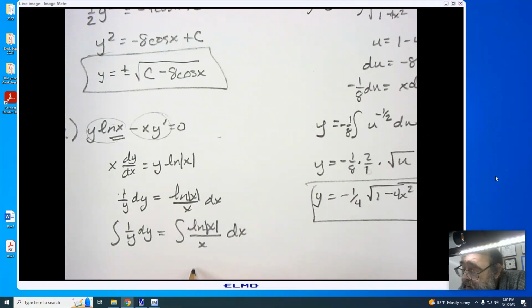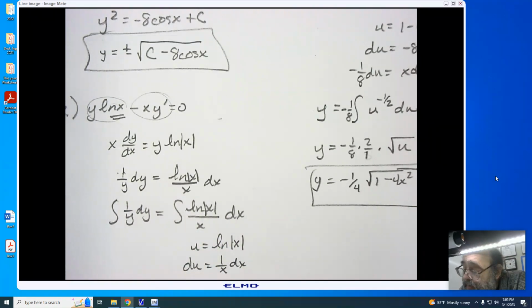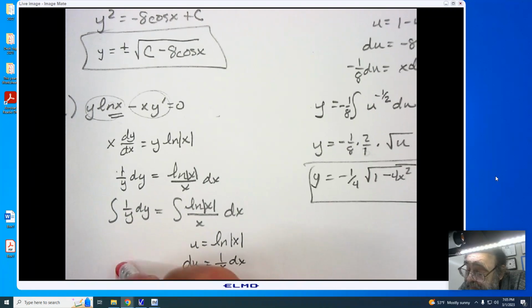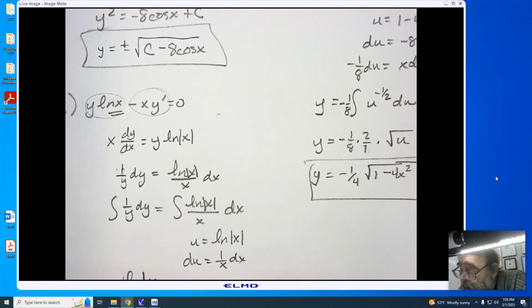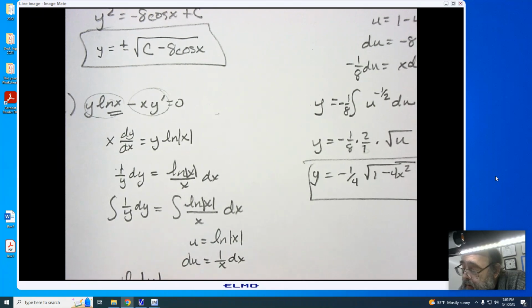And I'm going to have to use a u substitution. If u equals the natural log of the absolute value of x, then du equals 1 over x dx. You'll notice that I'm looking at the u. So I get the natural log of y equaling, in this case, the integral of u du.